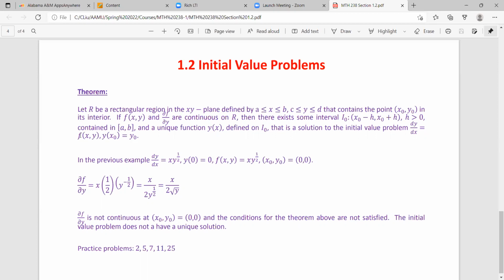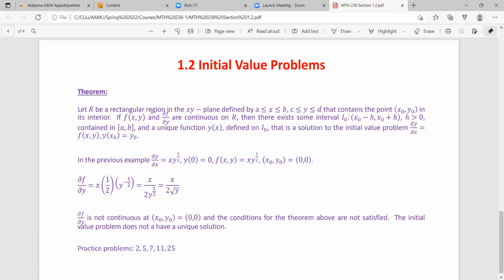Or you can take the derivative of f with respect to y, keeping x as a constant. That's the partial derivative of f with respect to y. So for example, when you take a partial derivative of f with respect to x, you just consider y as a constant.